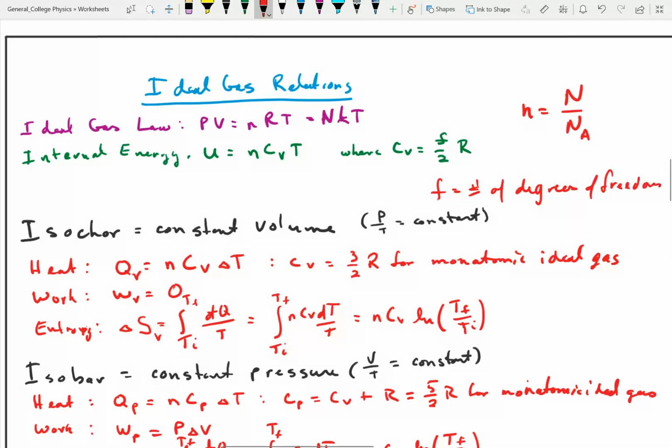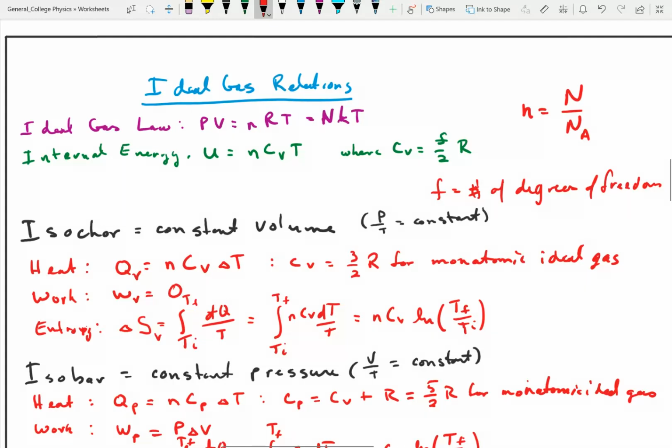The issue that makes this not always true is that for a monatomic ideal gas, f is 3, and it's easy. For a diatomic ideal gas, because of quantum mechanics, at really low temperatures f is 3. At room temperature, f tends to be around 5 because you have high enough temperature to access another form of energy. And at really high temperatures, f will be 7.